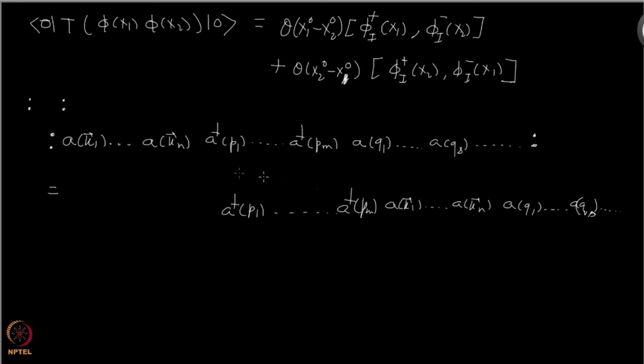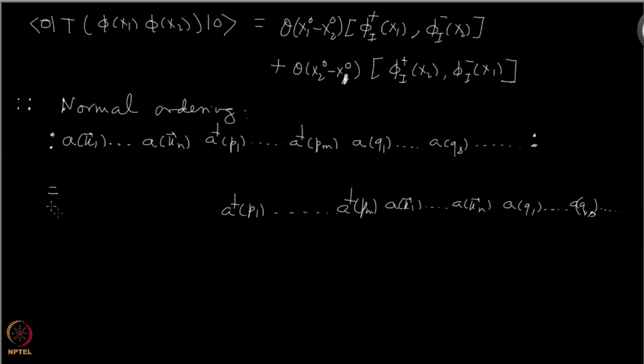And between a daggers, the order doesn't matter because daggers commute, and between a's the order doesn't matter because they commute. So this is the definition of normal ordering. It just means push all the a's to the right and pull all a daggers to the left. That's what normal ordering means, and this is the symbol. So if you put all these operators between two dots, this is what you mean.